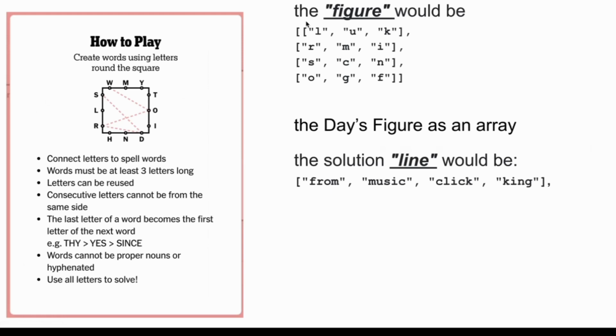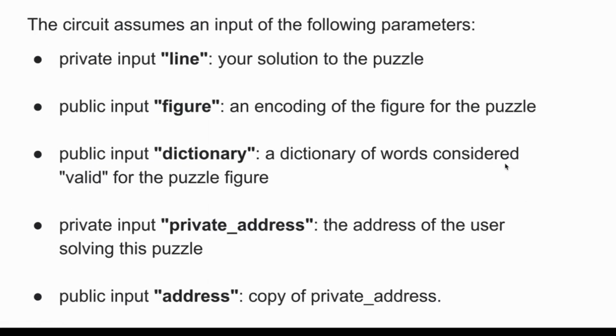So just to be more specific, in this case, this figure would be represented as this 2D array, and the solution would be this vector of all the words that you found. And so in the circuit that was designed for this app, the line is your solution to the puzzle.